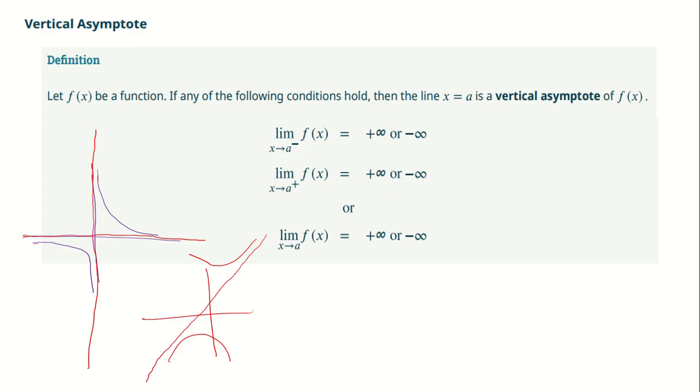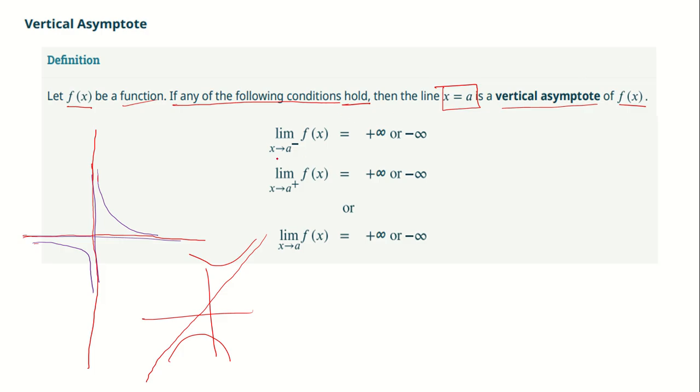Now, if f of x is a function and any of the following conditions hold, then the line x equals a is a vertical asymptote of f of x.